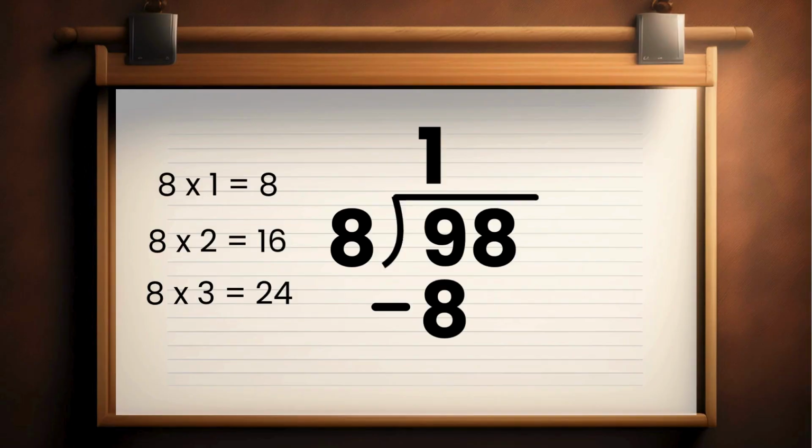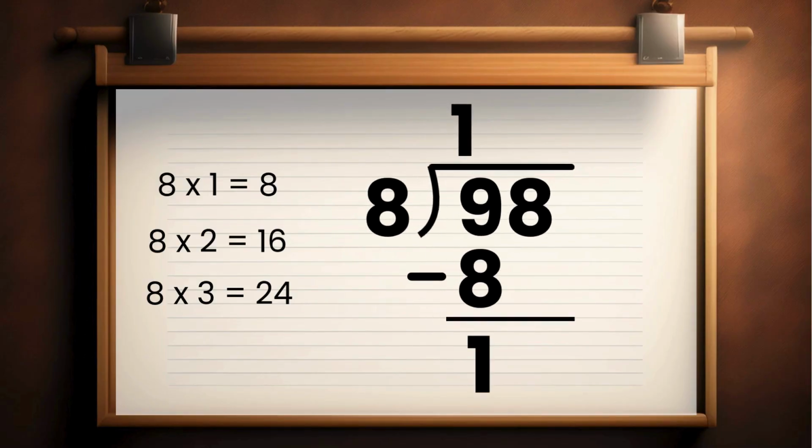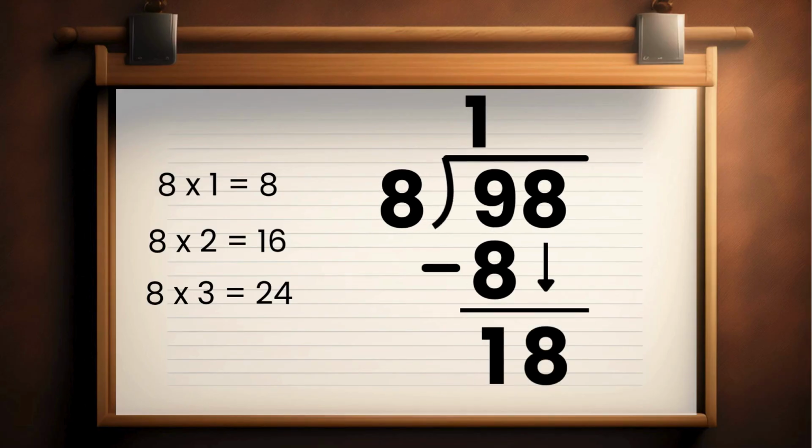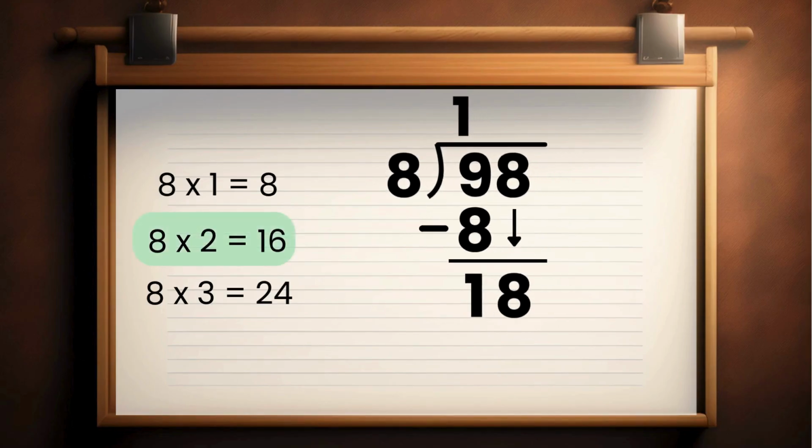Write 8 below 9. Subtract the number you got by multiplying the divisor from the number in the dividend. 9 minus 8 equals 1. Bring down the next digit from the number in the dividend. Since this number is greater than the divisor, repeat the same process again. 8 into 1 equals 8. 8 into 2 equals 16. 8 into 3 equals 24.